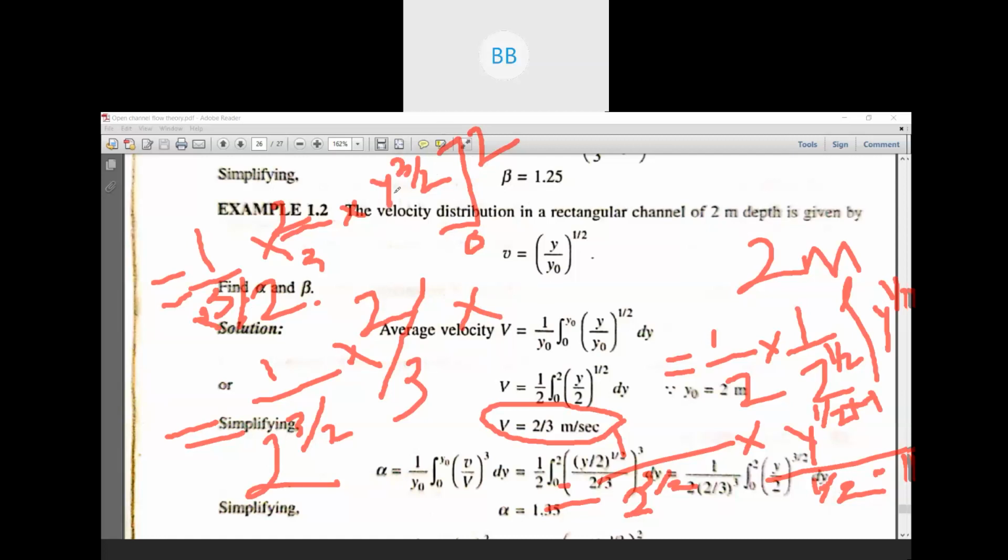So in place of y, we substitute 2 to the power 3 by 2, minus 0 to the power 3 by 2, which is 0. So this 2 by 3 and this 2 by 3 will cancel out. What is left is 2 by 3. So that is why your V is 2 by 3 meter per second.